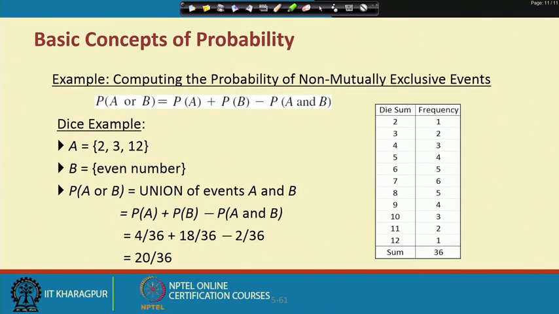Sometimes there are two events minimum in a particular setup. If it is only one event, then the game is very simple. Then the game plan will start in a complex way.